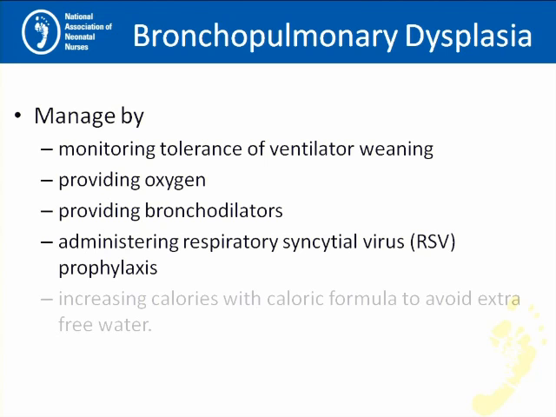A tracheostomy is usually considered after 6 to 8 weeks to reduce the risk of airway complications. Provide a low stimulus environment, and provide increased calories with higher calorie formula so that the volume for the infant to take is smaller if the infant is on fluid restriction.